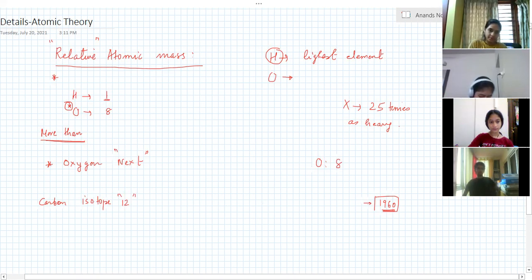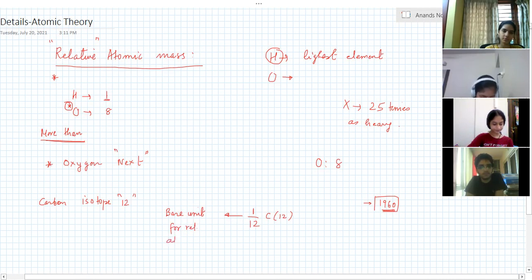You take a carbon atom of the isotope variety 12, take 1/12 of that, and assign it as the base unit for relative atomic mass.